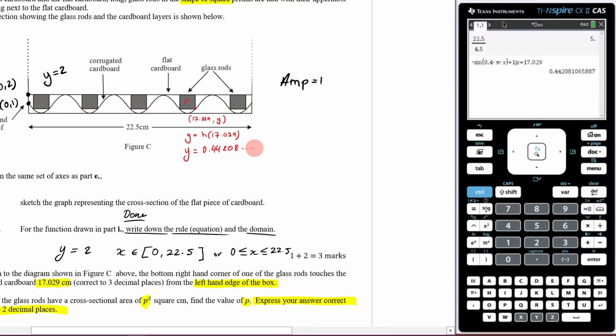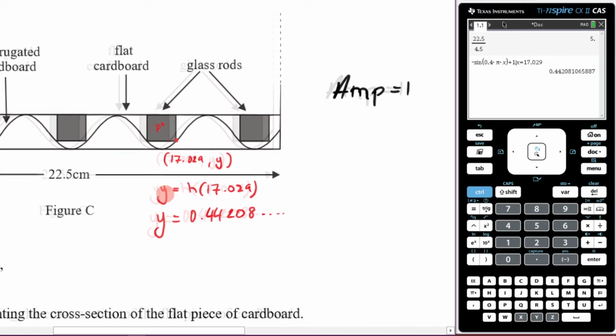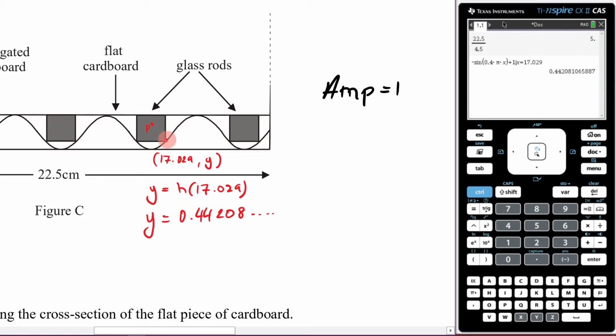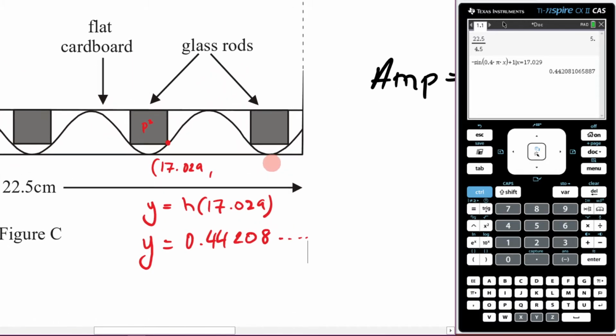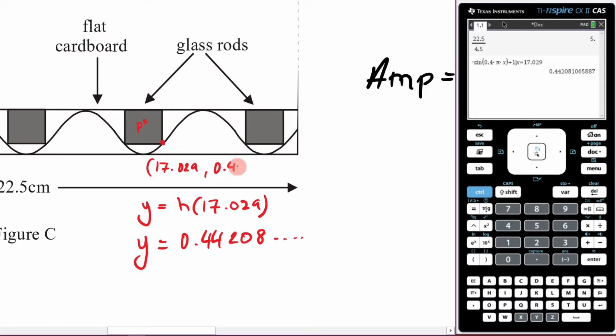The reason why is because I want to leave all rounding to the last step. Now, how does this help me? Well, if I know that that's the y value, so this point right here is 17.029 and the y is 0.44, that's fantastic. How can I now find what this value here is going to be? Obviously it's going to have the same x value, 17.029. And then this is simply 2, because we know it's 2 up.